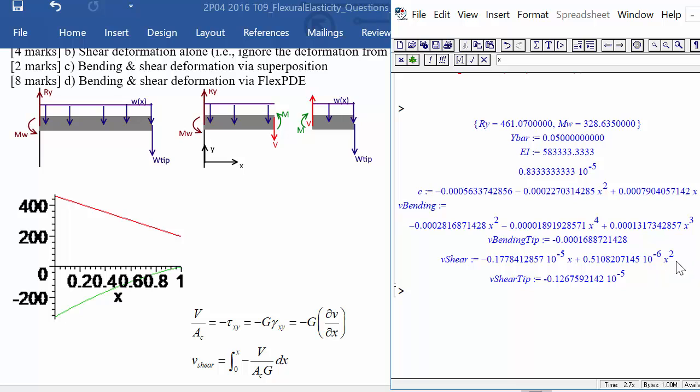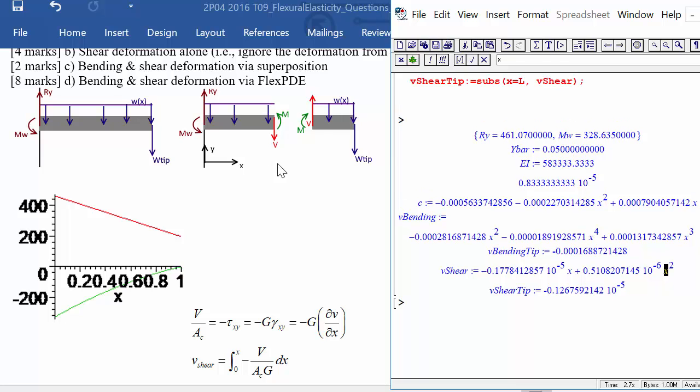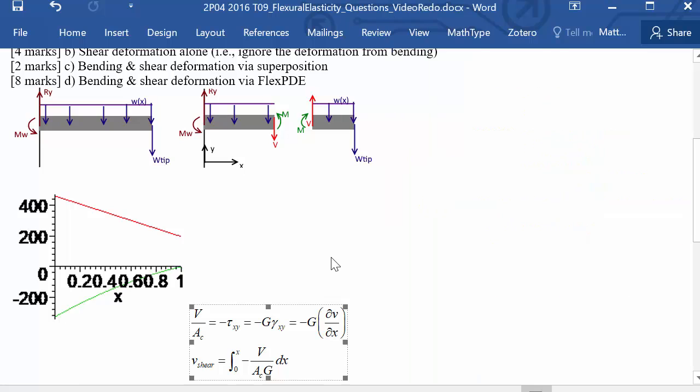So it looks like shear force is based on 2 less powers of x than the bending force, but it might be a little bit more complicated than that because there's other things going on with where the weight is applied, how the weight of the beam is calculated, all that stuff. So that is the calculation for the shear force at the tip.